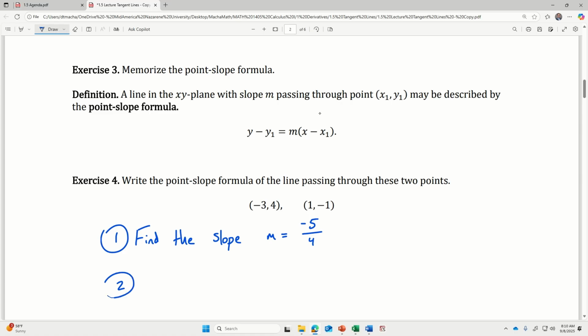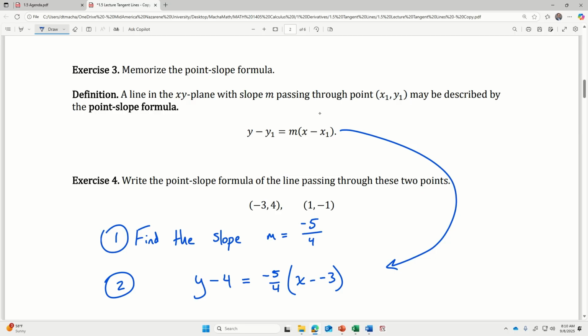And then the second thing you would do is apply this little formula here and say, well, okay, y minus 4 equals negative 5 over 4 times x minus negative 3. And then you could do this if you want to simplify, because x minus negative 3 is the same thing as x plus 3.